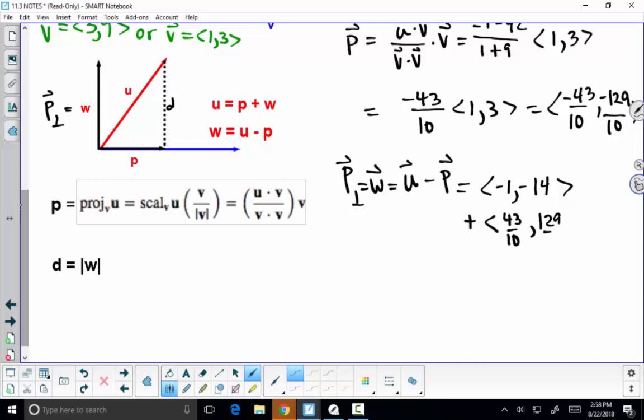So we're going to add those together. We'll get 43 over 10 minus 10 over 10, which is 33 over 10. And then we're going to get 129 over 10 minus 140 over 10. So that's minus 11 over 10.